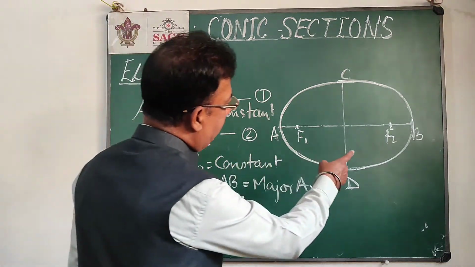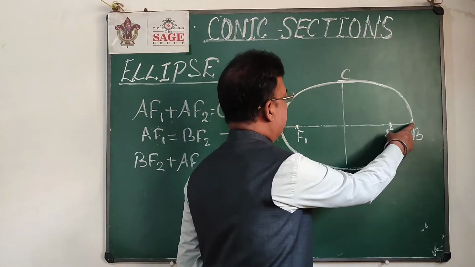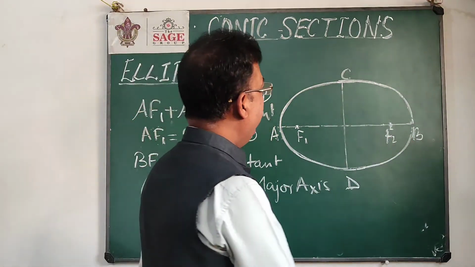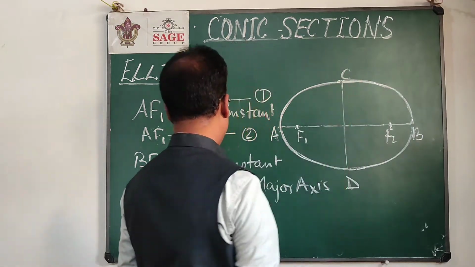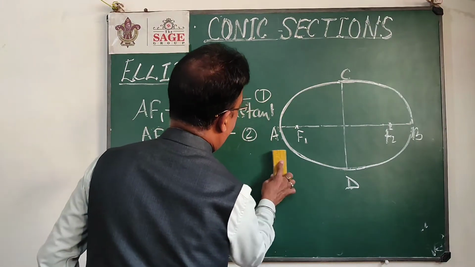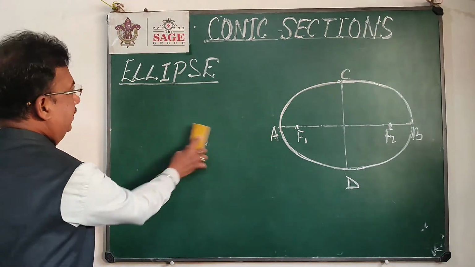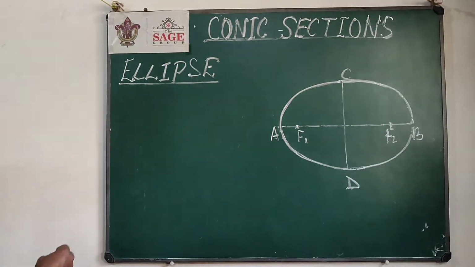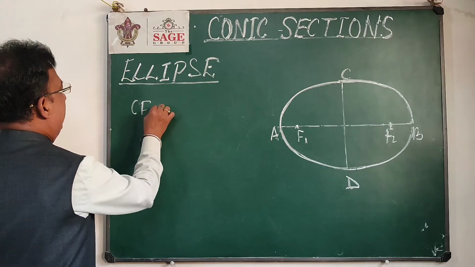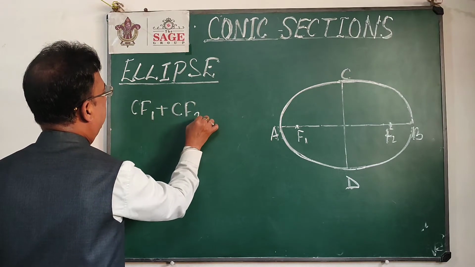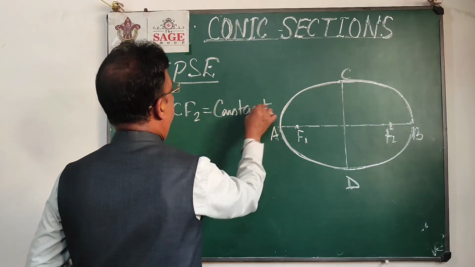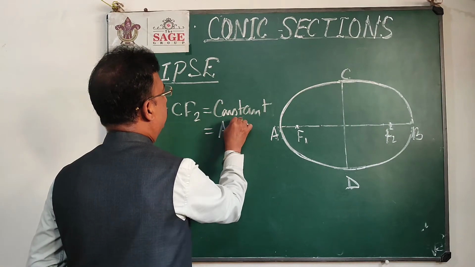In the same way we can justify for B that BF2 plus BF1 equals AB. In the same way, if I go for the point C, the end of the minor axis, then if C is a point on the ellipse, according to our definition CF1 plus CF2 must equal a constant, and that constant, as we already know, equals AB.